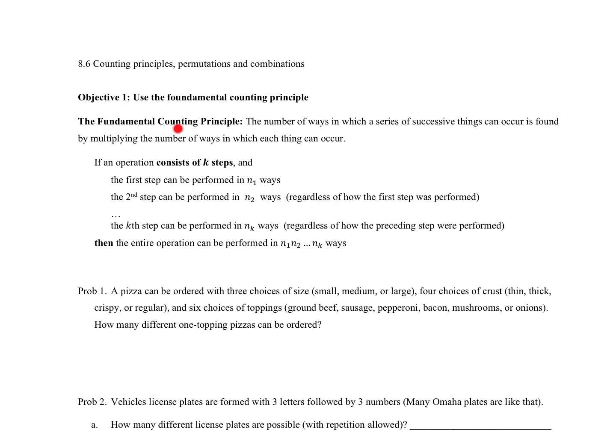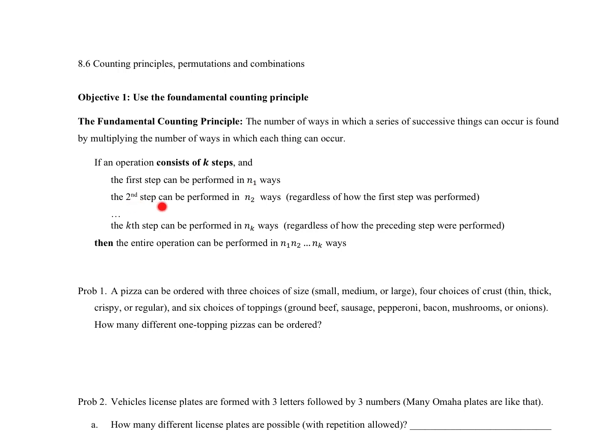The fundamental counting principle, let's read through that. It says the number of ways in which a series of successive things can occur is found by multiplying the number of ways in which each thing can occur. For instance, if an operation, a task, consists of k steps to achieve the task goal, and the first step can be performed in, say, n1 number of ways.